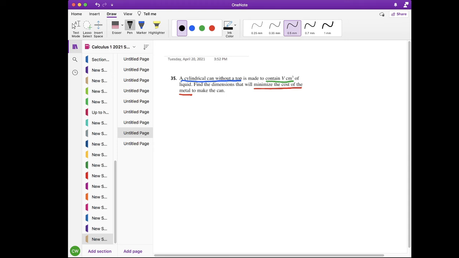All right, so anyone know the volume of a cylinder? Yes, pi r squared times height. So notice that R and H could change and have the same volume.